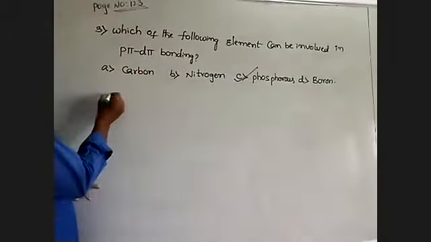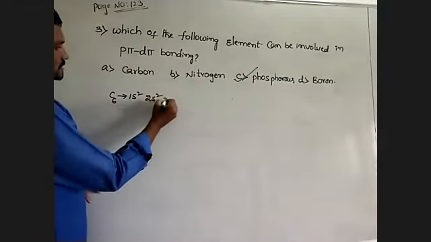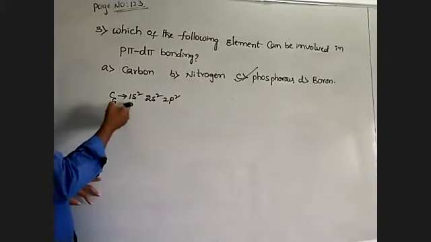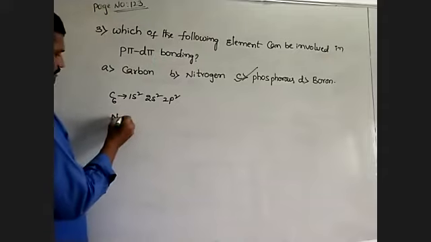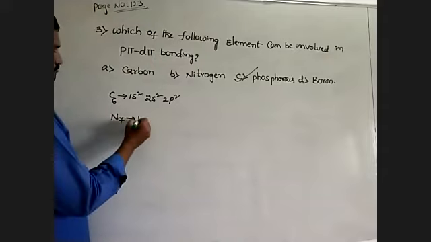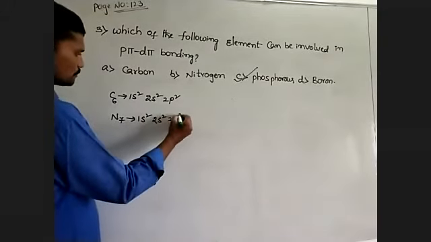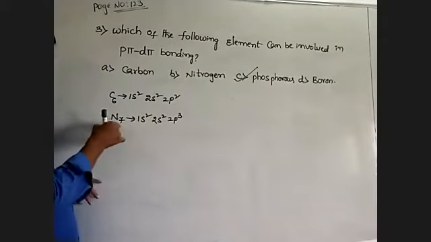So carbon atomic number 6, that means 1s2, 2s2, 2p2. So there is no d orbital. So it does not form p pi d pi bonding. So next one, nitrogen. Atomic number 7, electronic configuration 1s2, 2s2, 2p3. So this also does not have a d orbital.